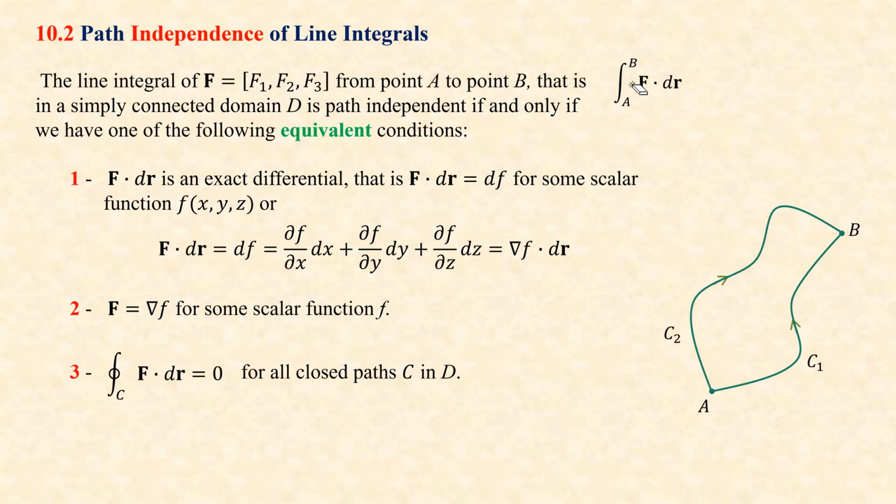But here it says that the line integral of f over any closed path is 0 in the domain we're talking about. Well, what does it have to do with integral being path independent? Do you see how this is related to path independence?